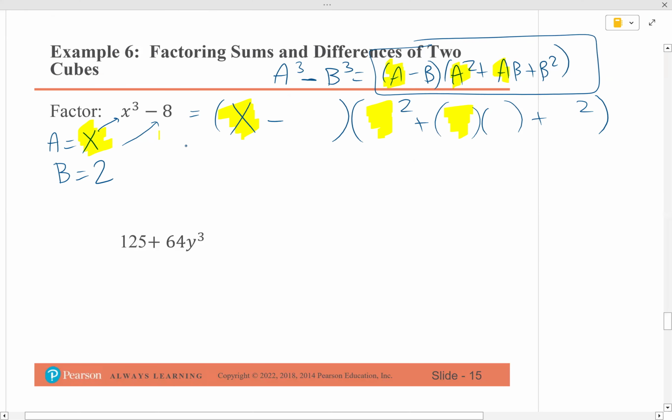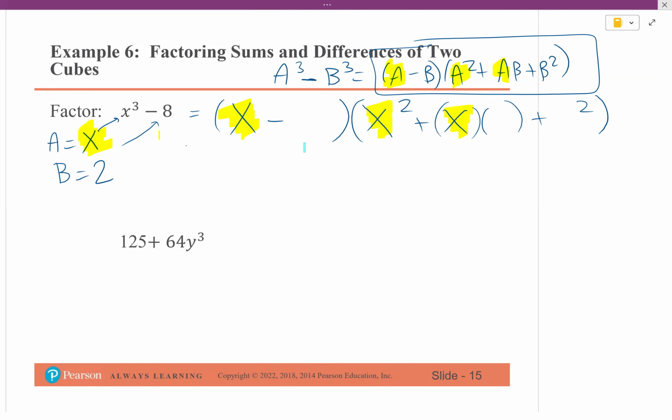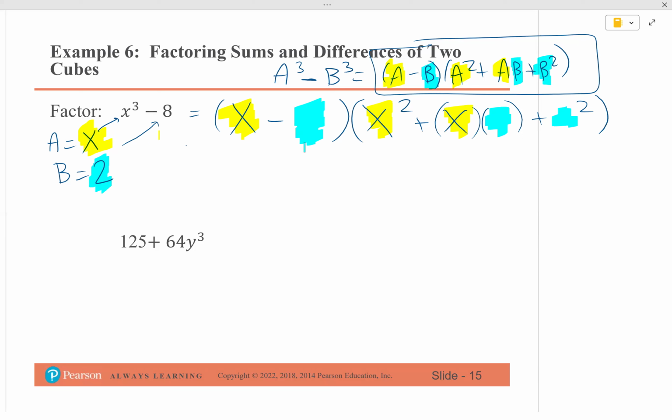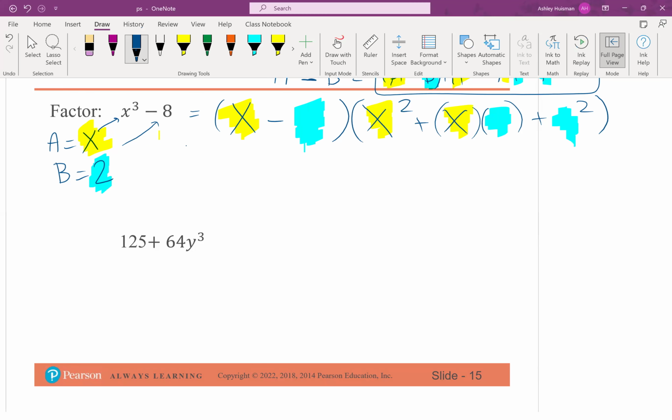X, x, x. Now the b is just like a placeholder for whatever was being cubed to give you the second term in the binomial. I actually have 2, so wherever there was a b in the formula, here, here, and here, I'm going to put a 2. And that's really all there is to this process, except maybe simplifying.